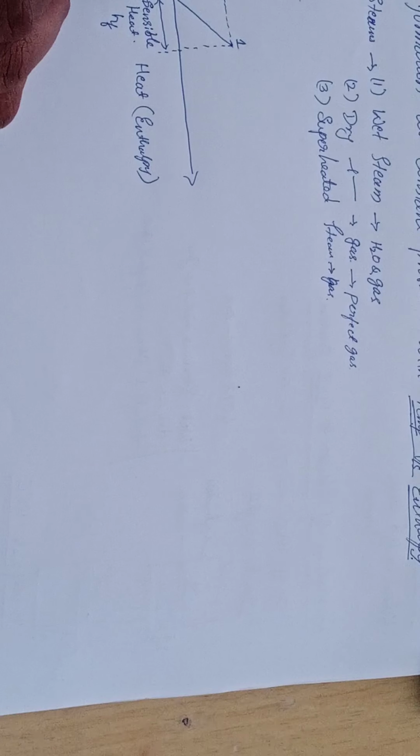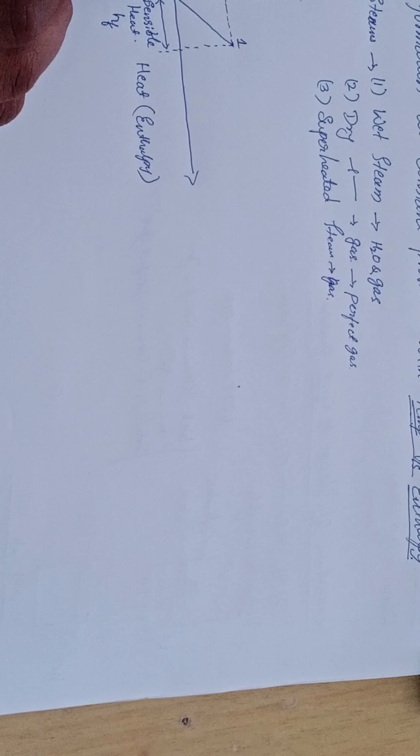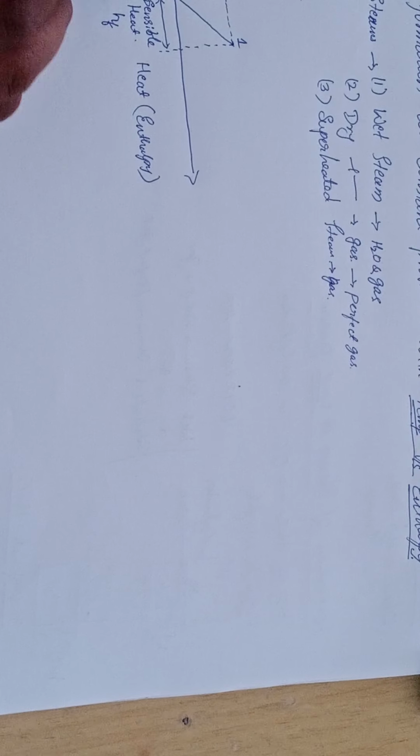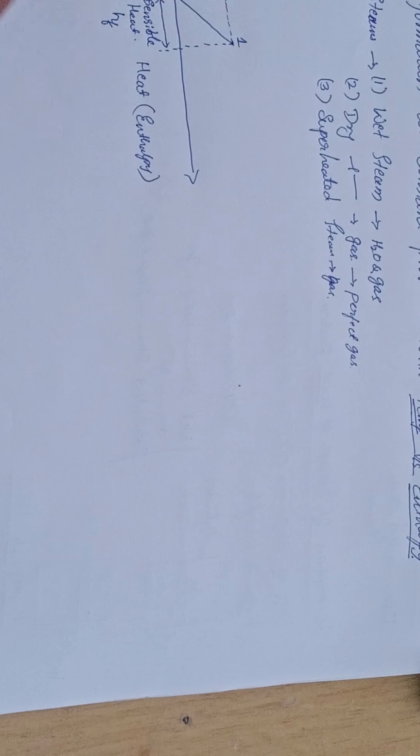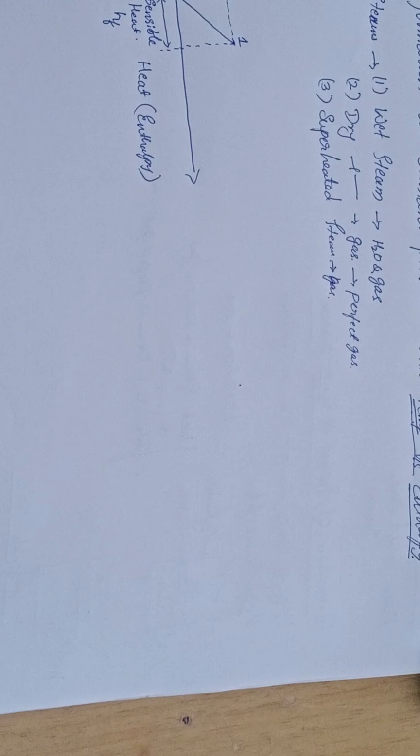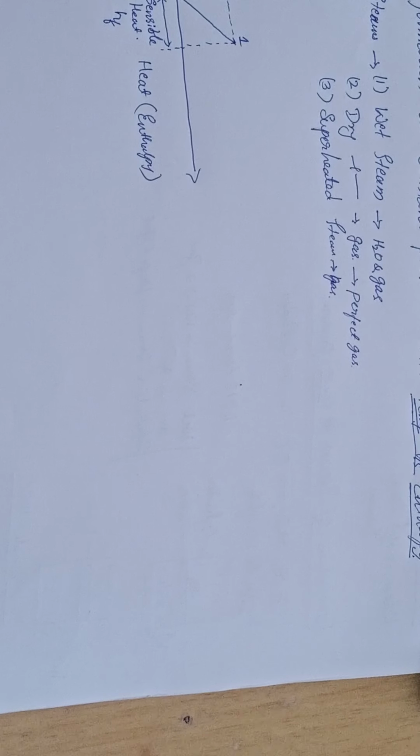At 0 degree Celsius, the water is in a solid state. When we supply heat, it starts converting into liquid.